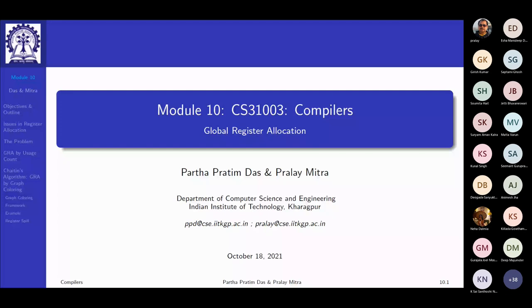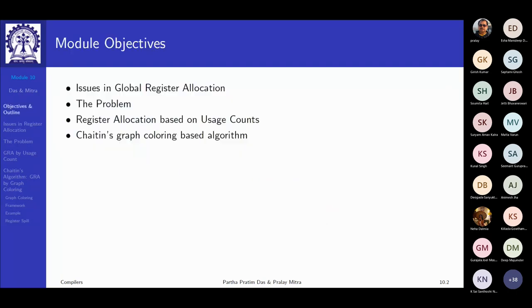Similarly, if a variable has been defined through a certain ALU operation, that computation will reside in a register. And from that point, the value of that variable will be considered to exist only in the register, but not in the memory anymore, because it has changed in terms of this computation. So the register is a key resource which we need to manage in a very, very efficient manner to generate really performance efficient code.